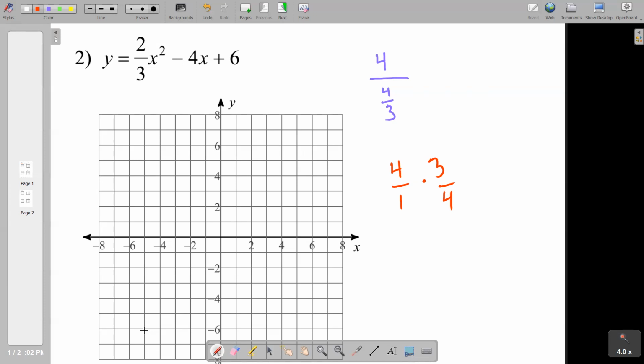And then, of course, you're like, ooh, sweet, the 4's cancel out. What then is the final answer? It is 3. So after all of that, we're left with a conclusion: the vertex of this parabola has an x-coordinate of 3. It's a lot of basic skills-y work to have to get through to get there.